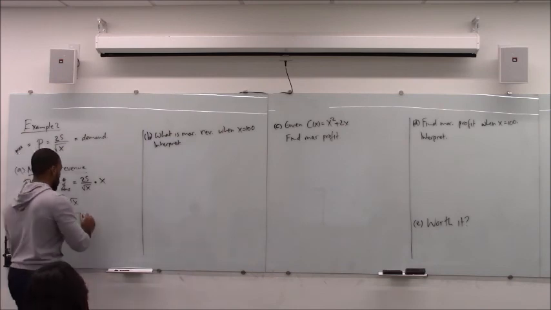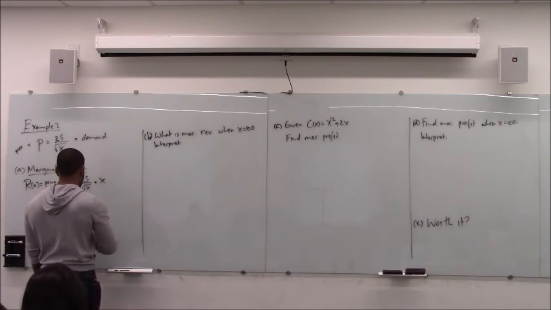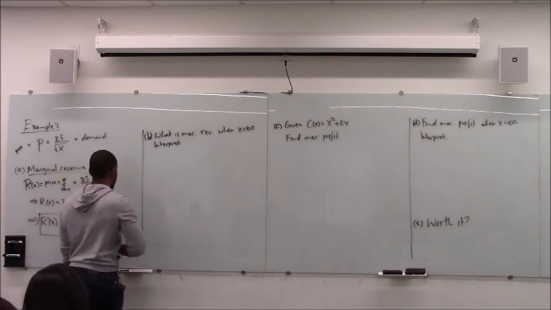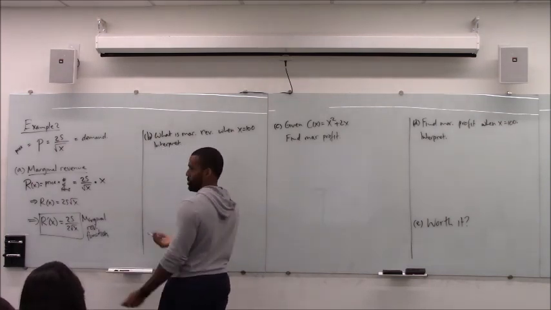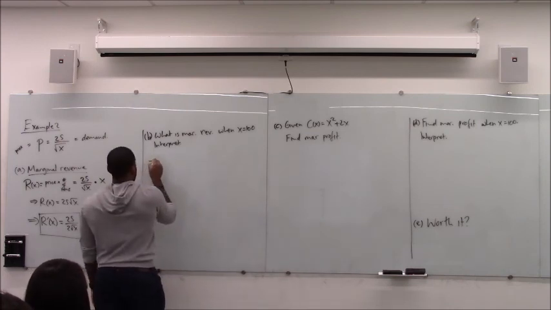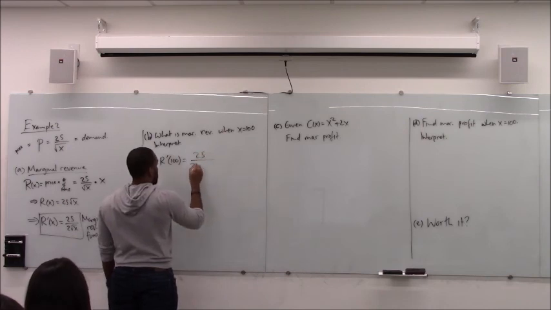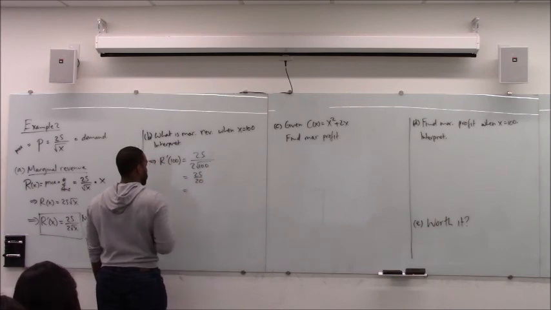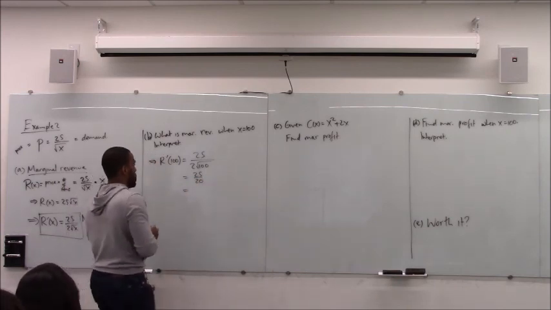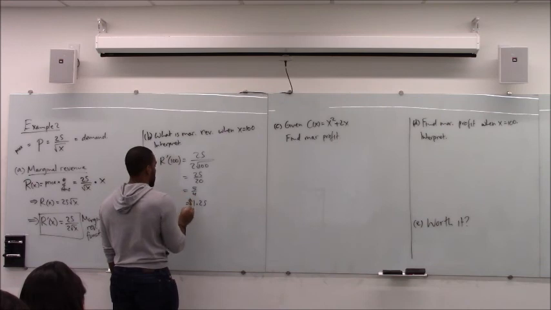That's your marginal revenue function. How do you know what the marginal revenue is when x equals 100? Well, you plug in 100, of course. So this means R prime of 100 is 25 over 2 times the radical of 100. That's 25 over 20, which is 1.25, or you can think of that as $1.25.